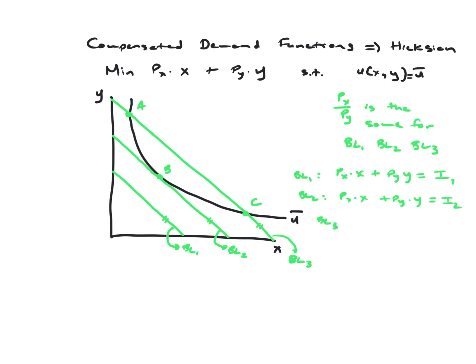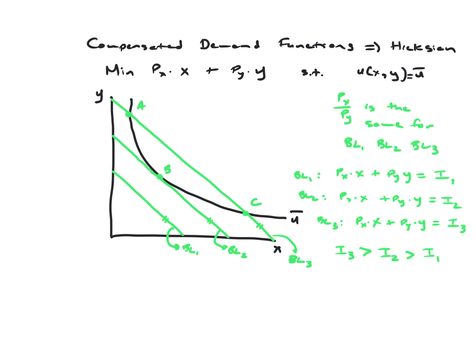And budget line 3 has yet another level of income or spending associated with it. And the key point here is that ultimately the level of spending or income associated with budget line 3 is greater than the income or spending level associated with budget line 2, which is greater than what's associated with budget line 1.